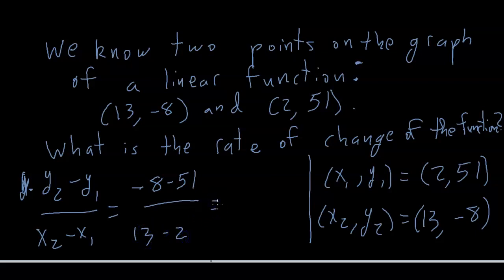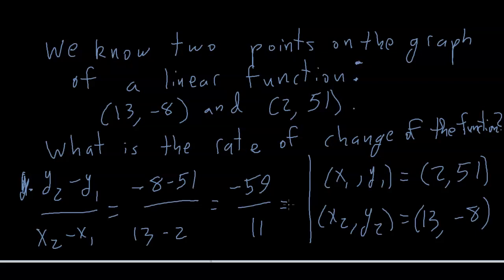Okay, what is negative 8 minus 51? Negative 8 minus 51 is negative 59, right? Negative 59 divided by 13 minus 2, which is 11, right? There we go. I mean, if we wanted to, we could keep it like this, right? There's nothing too bad with a fractional answer.